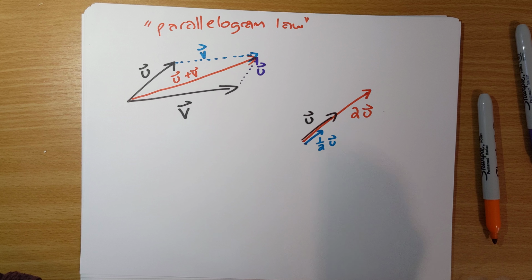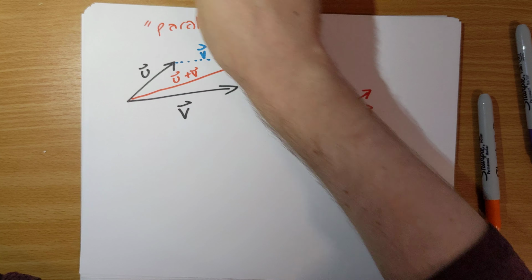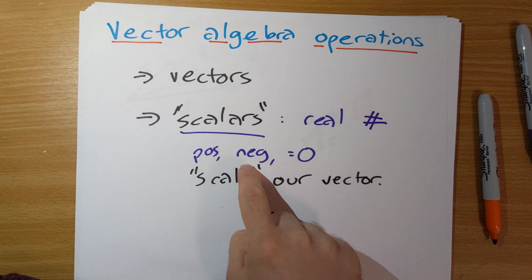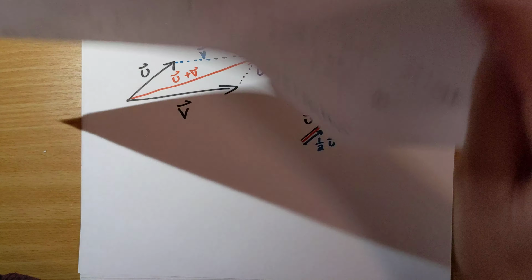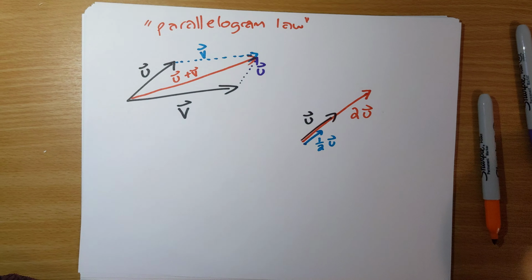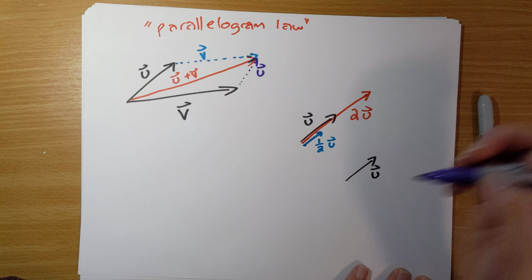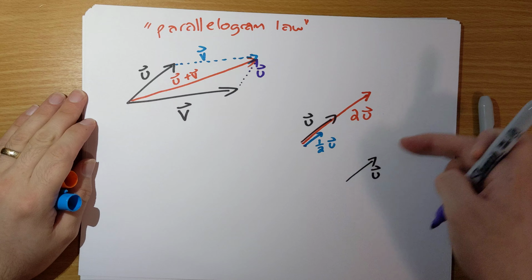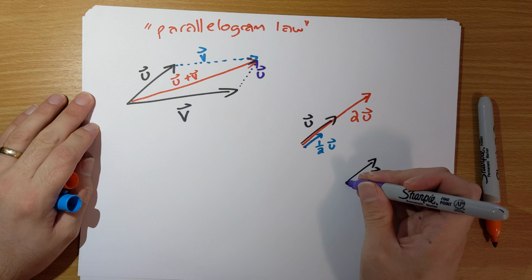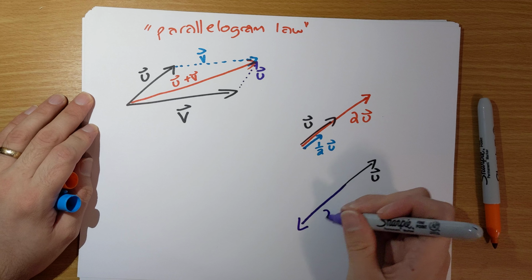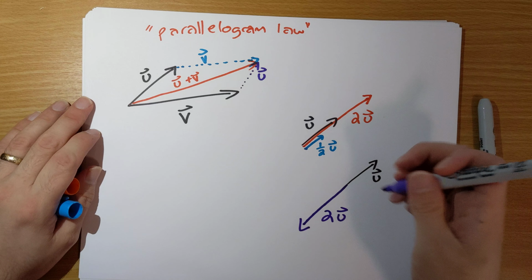Also, we should be clear, as we said back on this slide, our scalars can be positive, negative, or 0. So what happens in the negative and 0 case? If this here is u, negative 2u is a vector that's parallel to u, twice as long, but pointing in the opposite direction.